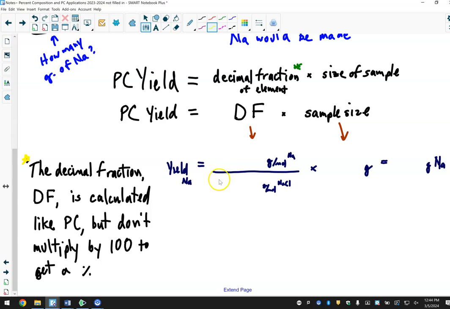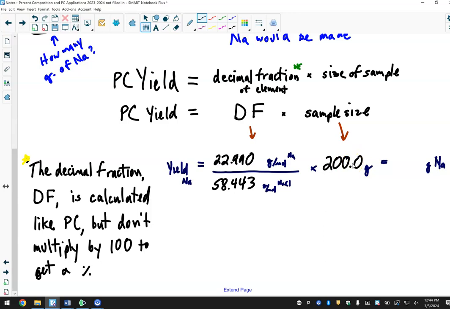So for sodium chloride, the decimal fraction is going to be sodium's contribution, 22.990 grams per mole in sodium chloride. What's the total molar mass of sodium chloride? Well, we already calculated that, 58.443 grams per mole. And that's going to be times, in this case, the 200-gram sample, correct?